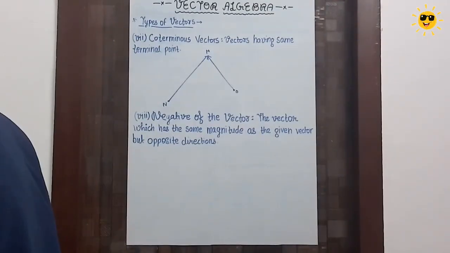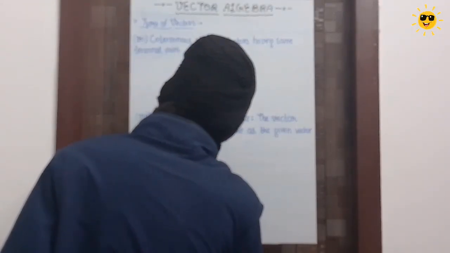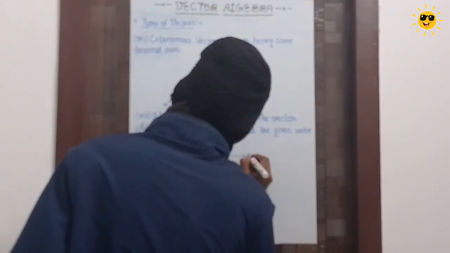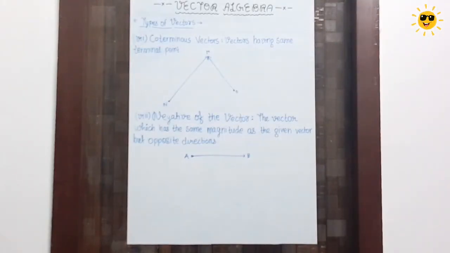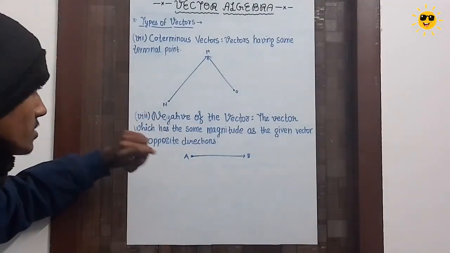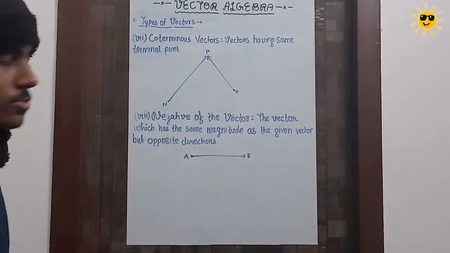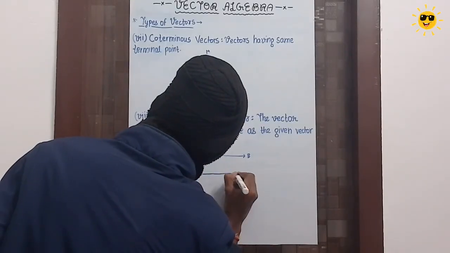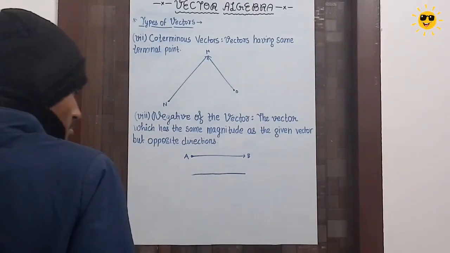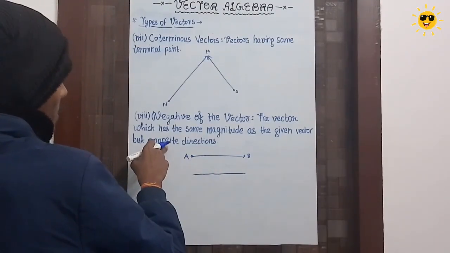So what do we mean by that? Let's say there's a given vector called AV. AV is a given vector. Now if we follow the definition, the negative of the vector has the same magnitude, so if I draw one more vector, it must have the same magnitude, and to represent the same magnitude we draw the arrow of the same length, but in the total opposite direction.